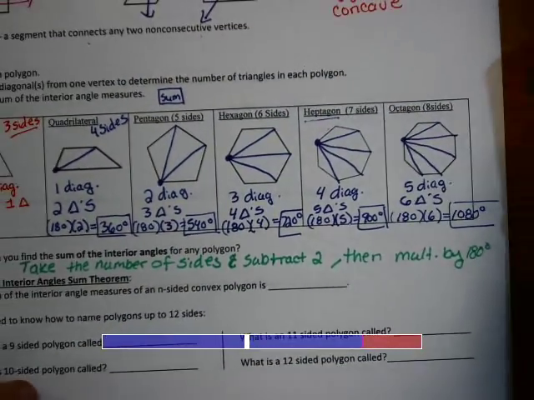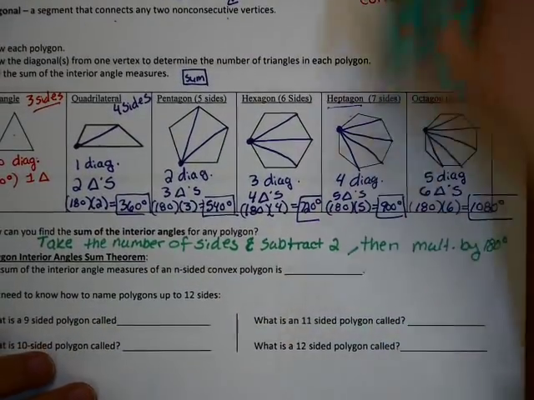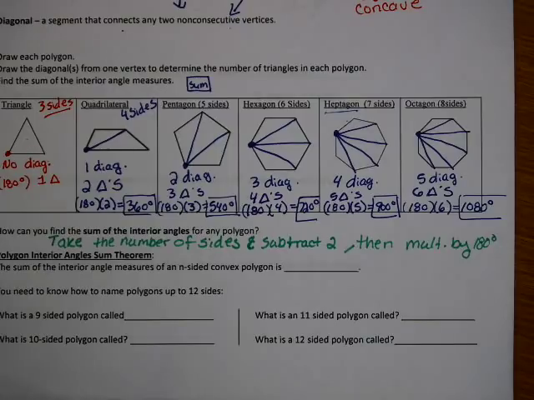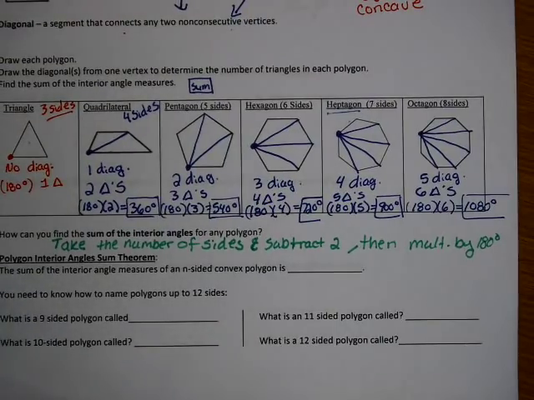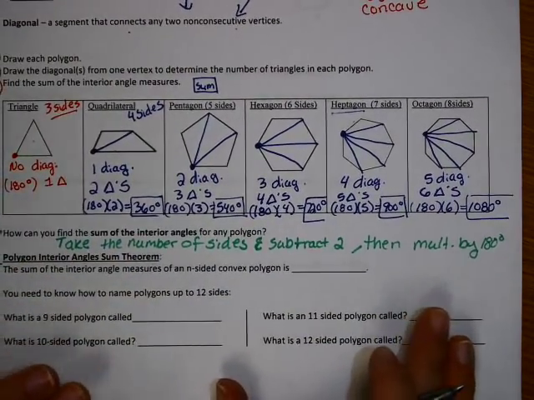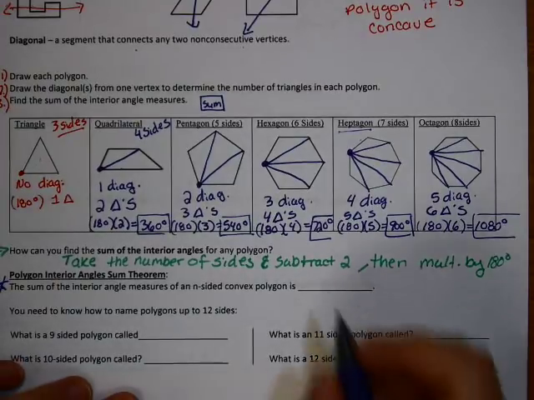Okay. So let's put this in a formula. This formula is actually called the polygon interior angles sum theorem. Okay, so I want you to star this because we will be working on proofs this unit.